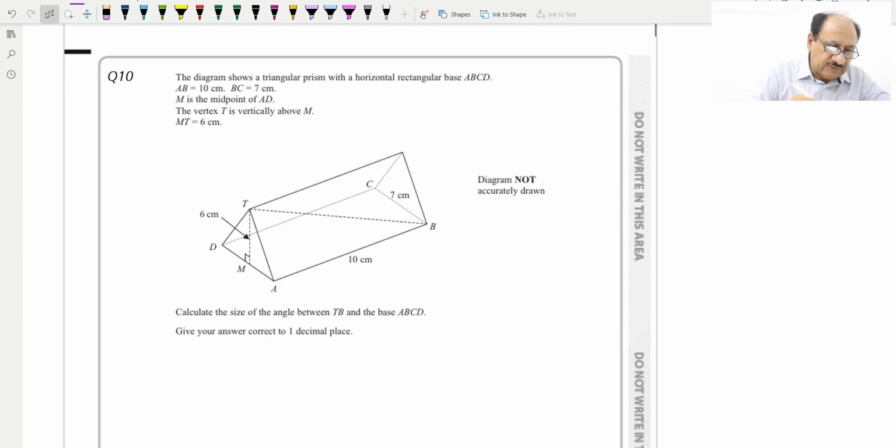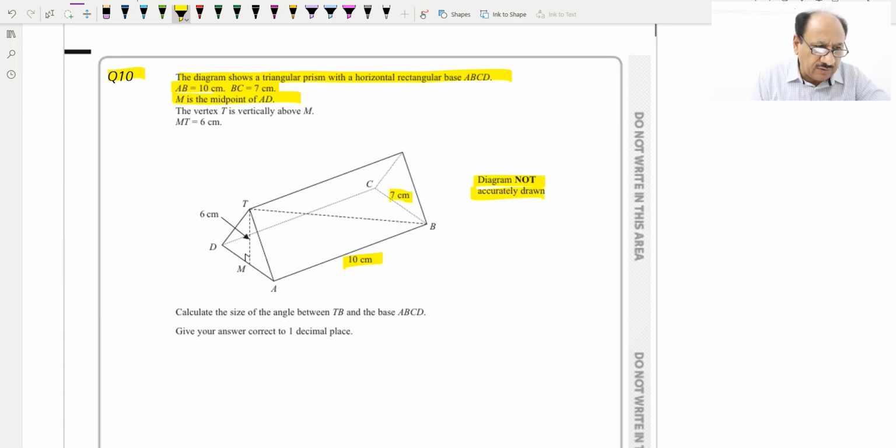Question number 10 says, the diagram shows a triangular prism with horizontal rectangular base ABCD. ABCD is the rectangular base, and AB is equal to 10 centimeters, and BC is equal to 7 centimeters. The diagram is not to scale.